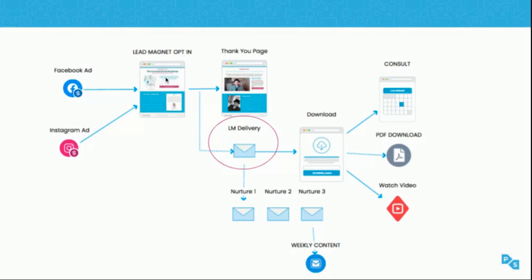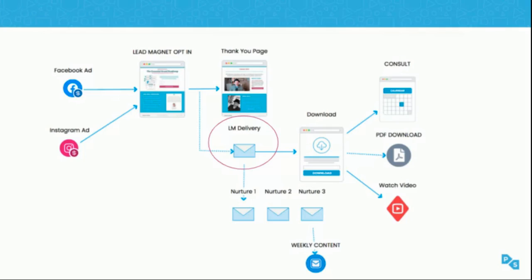So you've got your lead magnet opt-in, which sends you to the thank you page. And then in the background of your system, in my case Kartra, once people submit their name and email, there's an automation that automatically sends them an email that says, hey, thank you for downloading, or thank you for requesting this free thing. In my case, it's the roadmap. And here's the link to grab it.